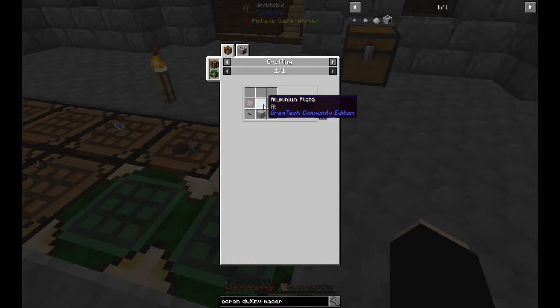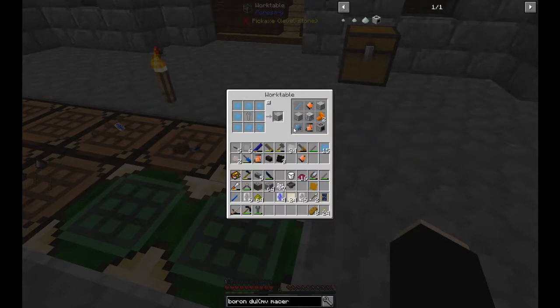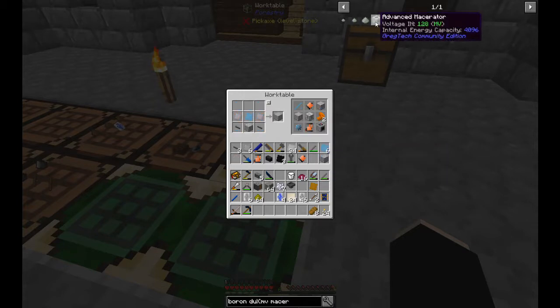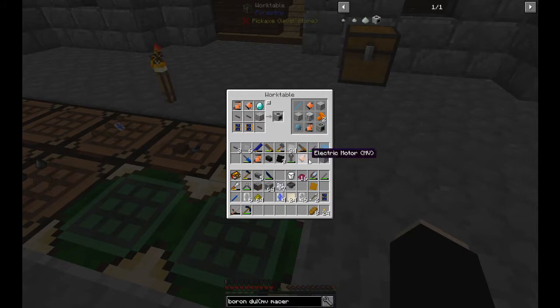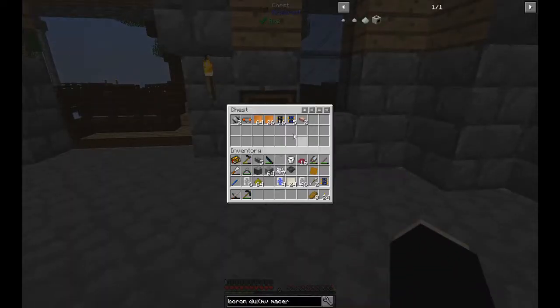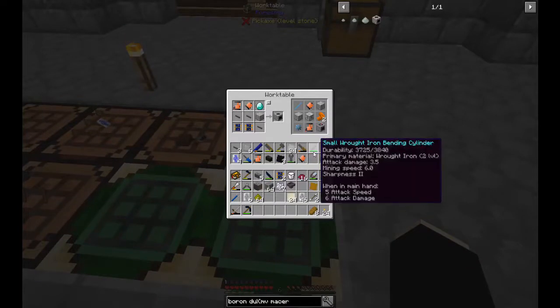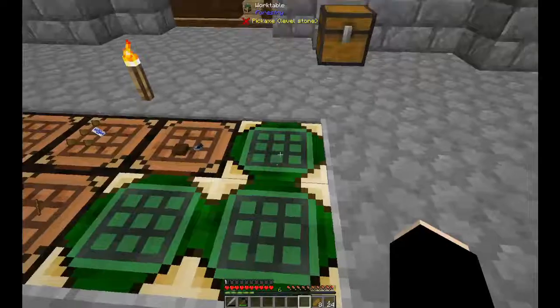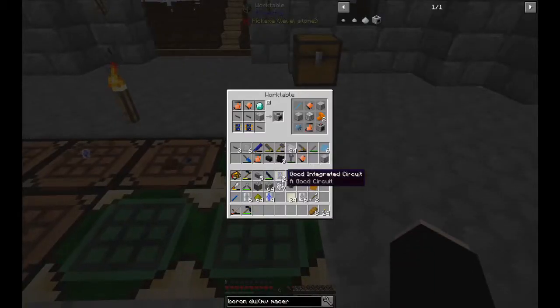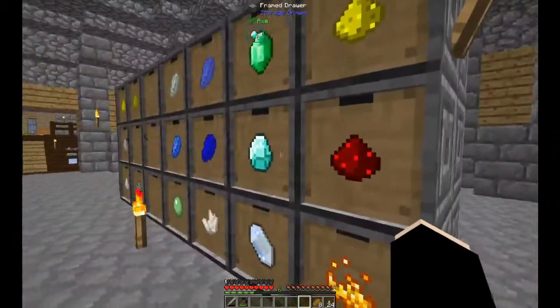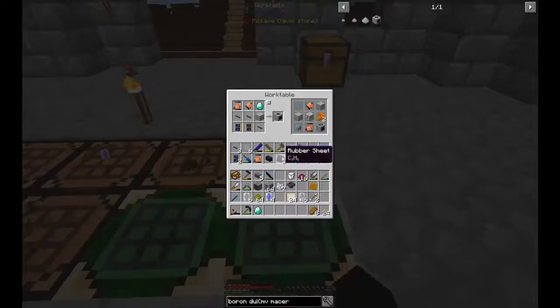Then we need the aluminium hull, and we need the machine hull, and this one actually came from the machine over there when I broke the circuit assembler. Okay, and then diamond, which we have a few of, not a lot, but we have some.